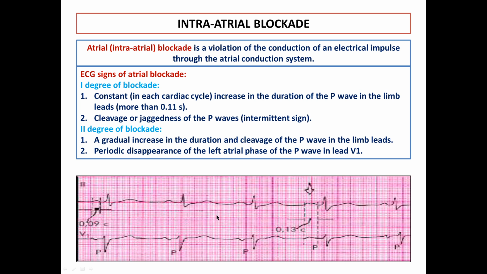Second degree of blockages is characterized by gradual increasing of duration and cleavage of P wave in the limb leads, and periodic disappearance of the left atrial phase of the P wave in lead V1.